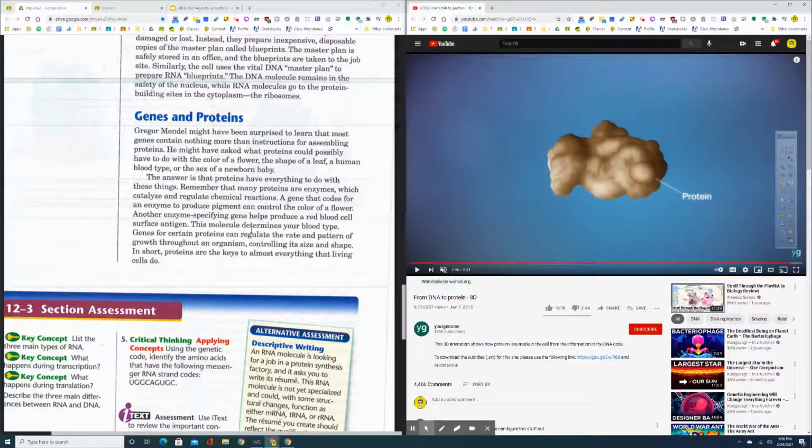This molecule determines your blood type. Genes for certain proteins can regulate or control the rate and pattern of your growth throughout your lifetime, and also control the size and shape. In short, proteins are the keys to almost everything that living things or cells do.